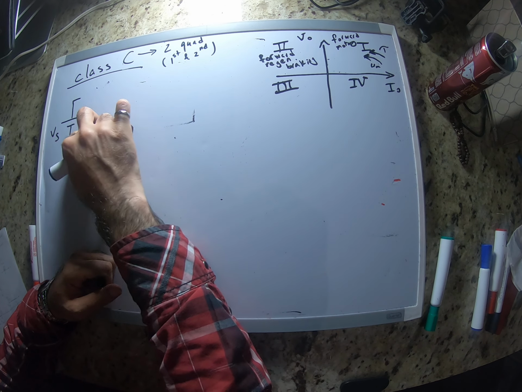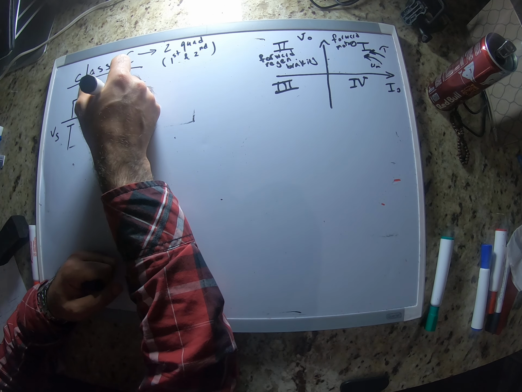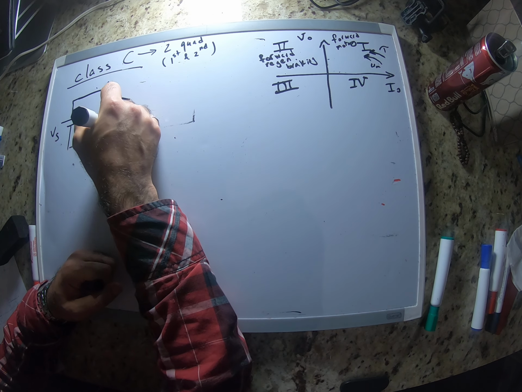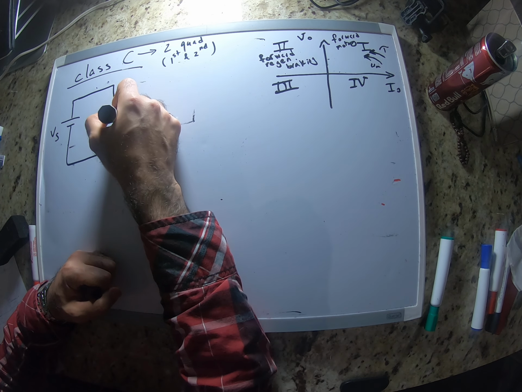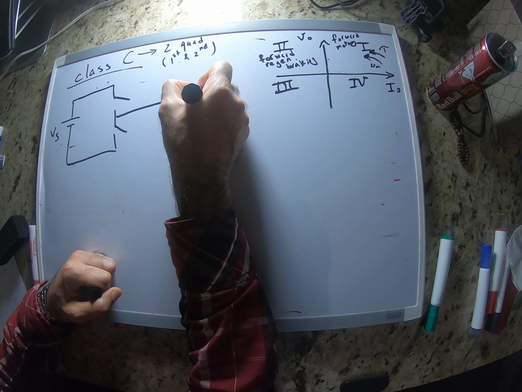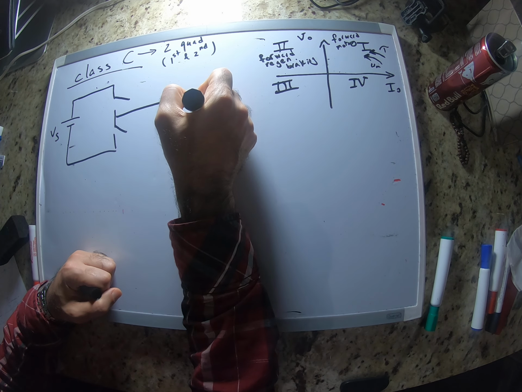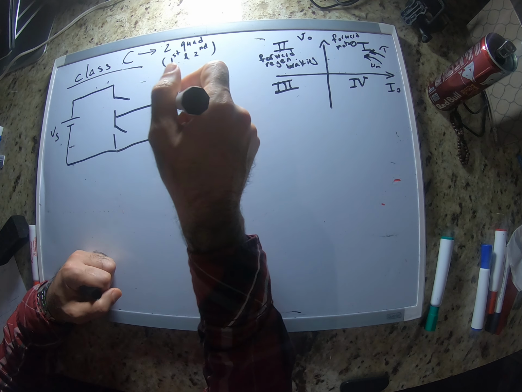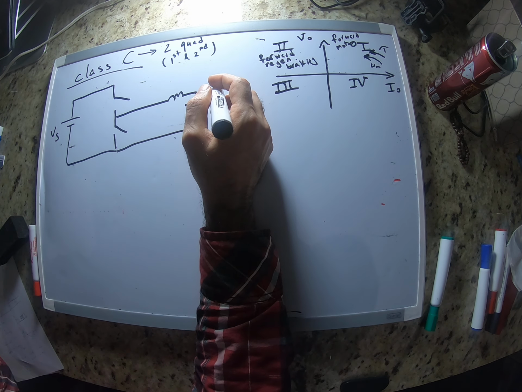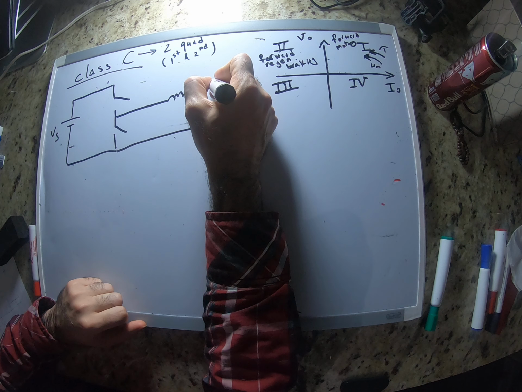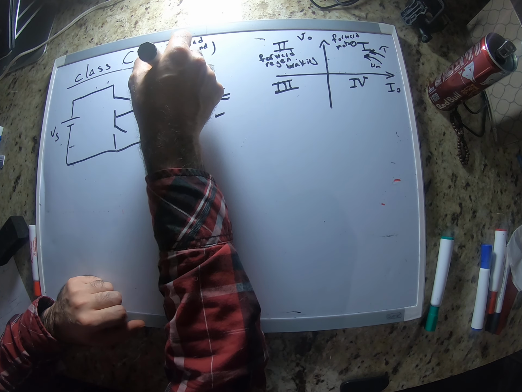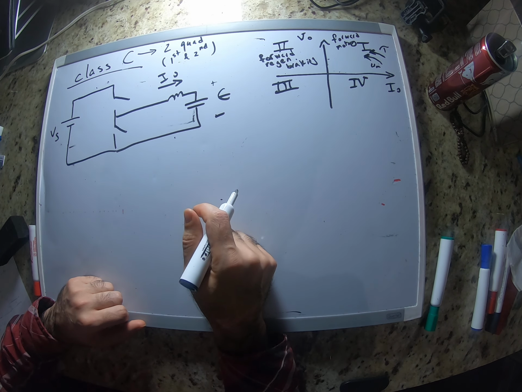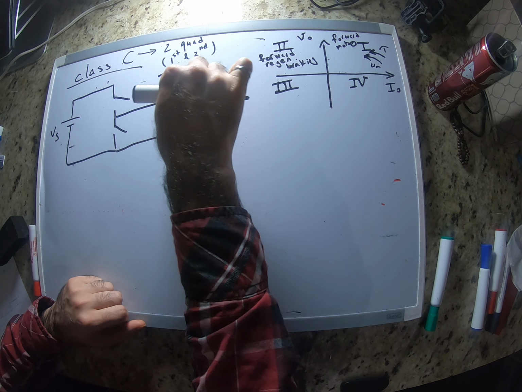Let me just do it like this. There's a switch here, there's another switch here, goes here. This is our L and E. Doesn't matter, you can include this one.